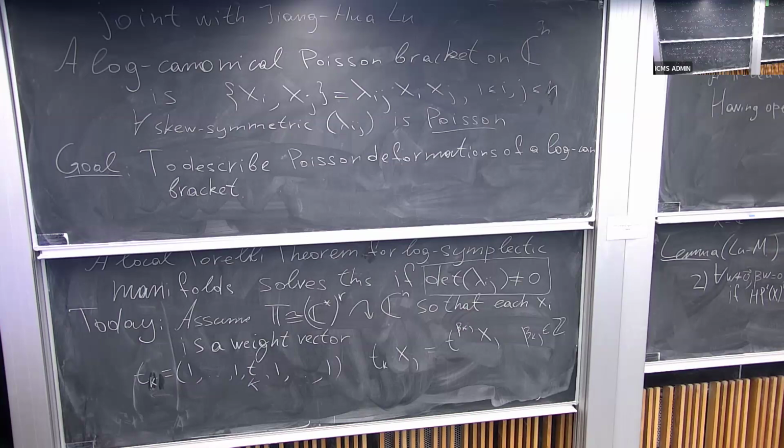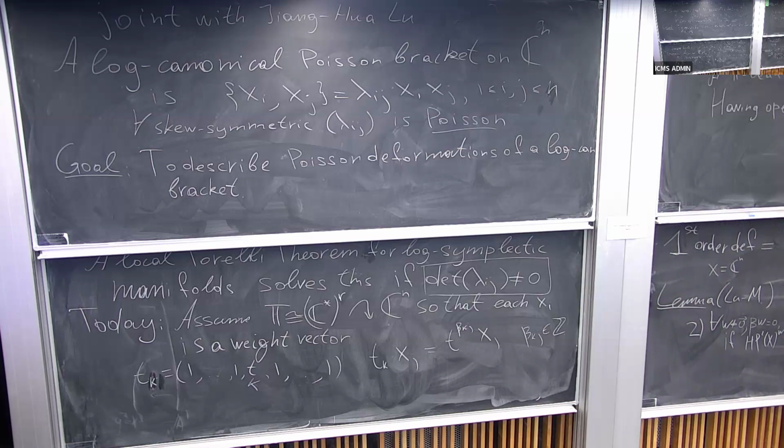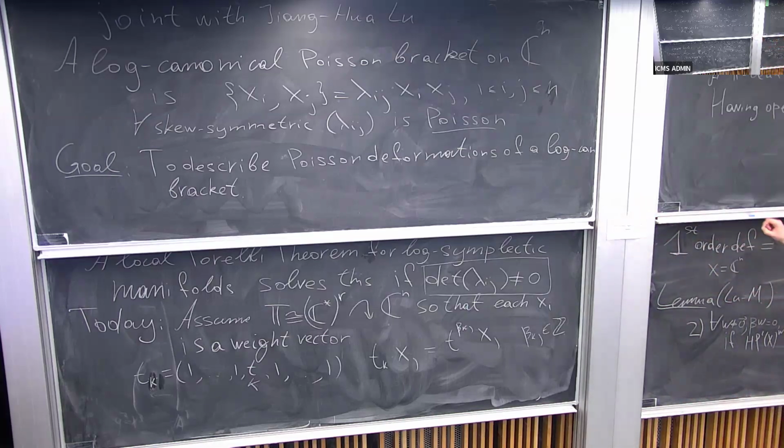Could you please clarify what you mean by deformation? So far I'm talking about first order deformation. I would be adding to the right hand side epsilon times something. Something what? Is it a polynomial in X?